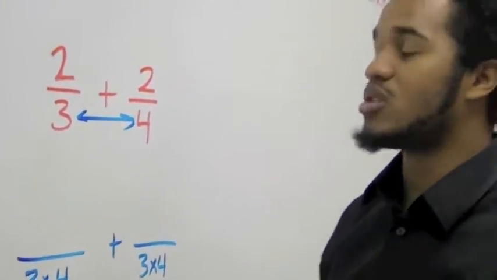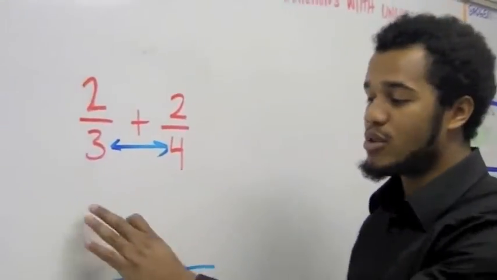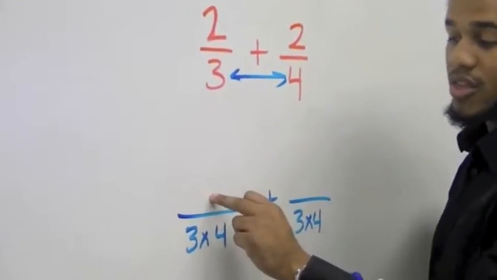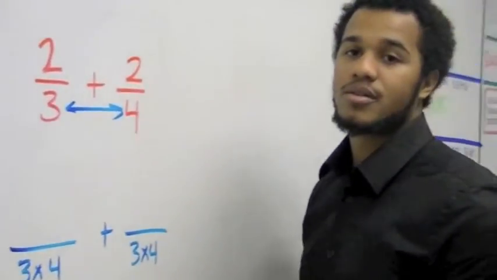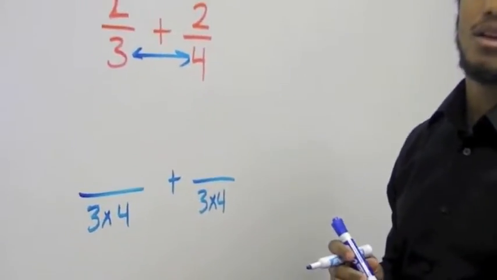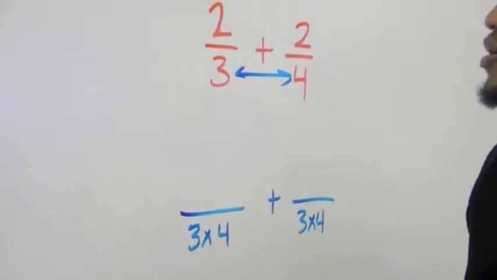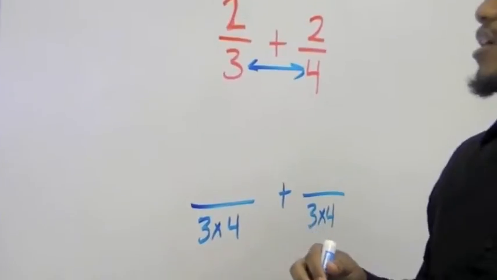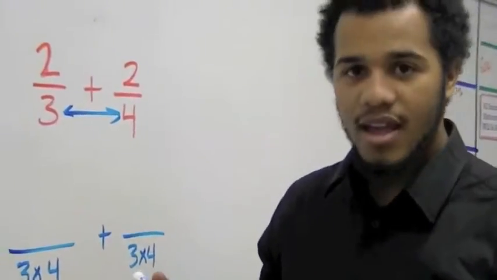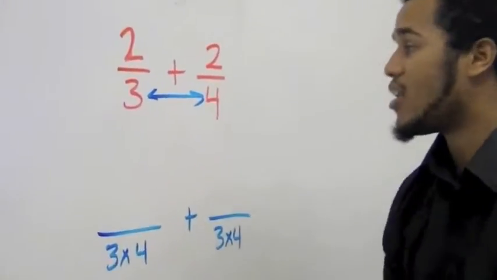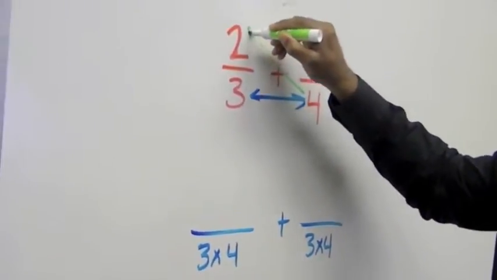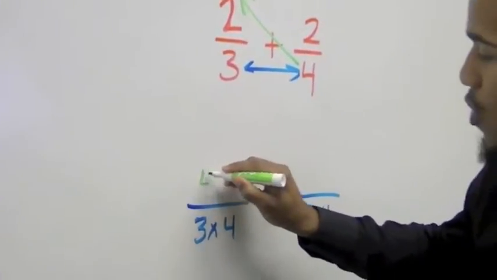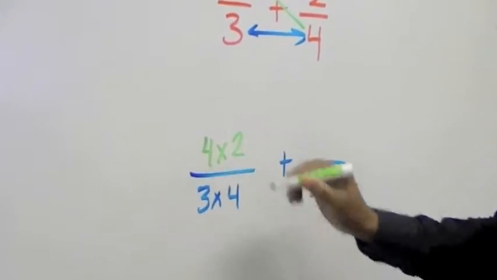Now, I want you to pause the video once again, and I want you to find the numerator for this fraction. Thank you for pausing the video and finding it. So, what was the numerator that you got? 8. Yes, it is 8. Going from here, our second slash, 4 times 2, 4 times 2.